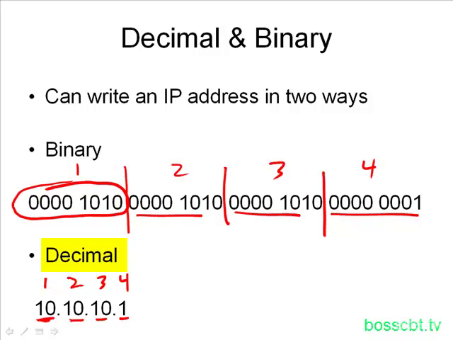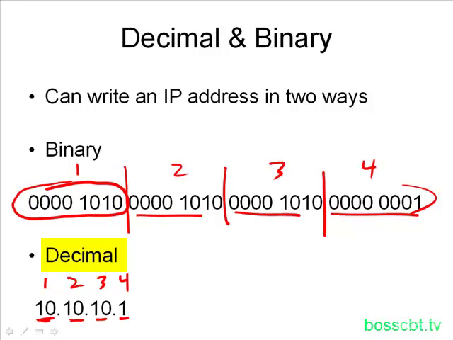That value in binary here is 1. Okay? So you can see the decimal approach, the dotted decimal notation, is very simple. You can grasp the value of each octet immediately, whereas in binary you have to look at it and you have to know your binary to decimal conversion pretty quickly in order to figure that out. So obviously decimal is the most commonly used format.